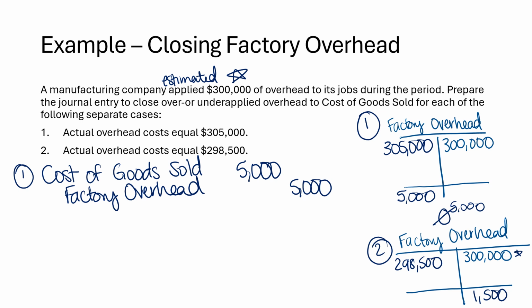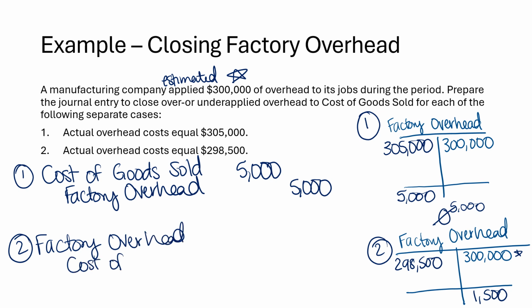So to zero that out, we would need to debit factory overhead by $1,500. So here the debit will be to factory overhead, and the credit would be to cost of goods sold. And that's how you close factory overhead to cost of goods sold.